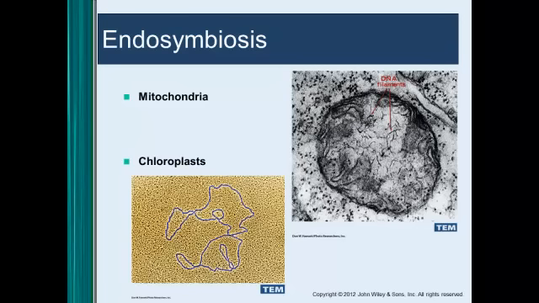And chloroplasts strongly resemble the structure of photosynthetic chlorophyll-containing prokaryotic cyanobacteria. And lastly, mitochondrial DNA most closely matches the DNA of the bacterium Rickettsia prowazekii.